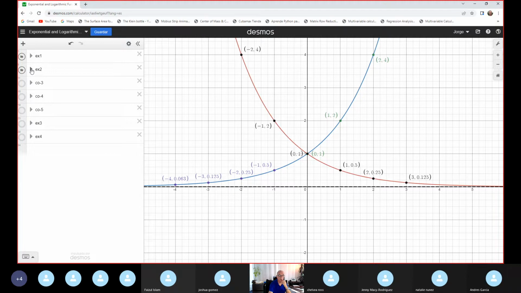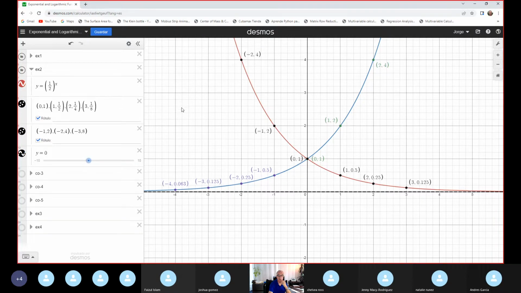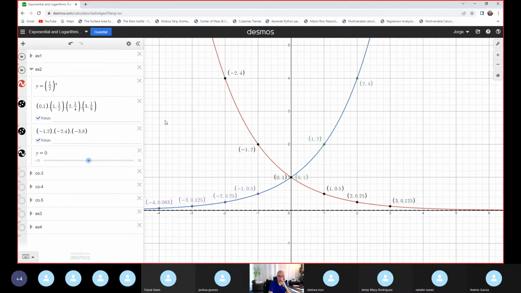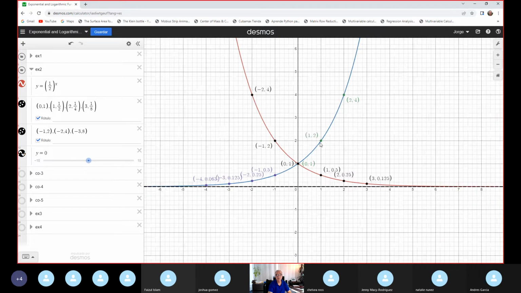Look at that. Example 2 is 1/2 raised to the x power. You see in red color. You see it's perfectly symmetric with respect to the y-axis. It's just reflection, because this is equivalent to a negative exponent. Okay, you see the same value. You see the distance is the same. And it touches here in the famous universal point 0,1. Okay, cool.